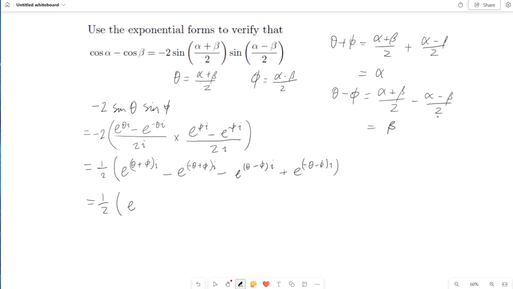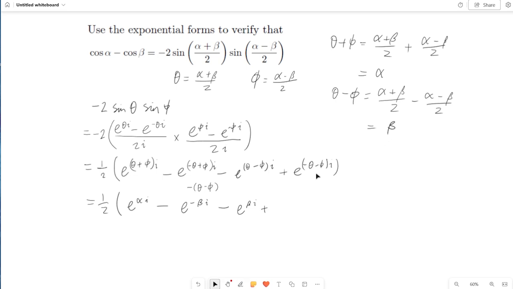So theta plus phi is alpha, i. Minus theta plus phi, so that is minus theta minus phi, which is minus alpha. Then we end up with e to the power of minus beta i, minus theta minus phi, that's just beta i, and then plus in the end.